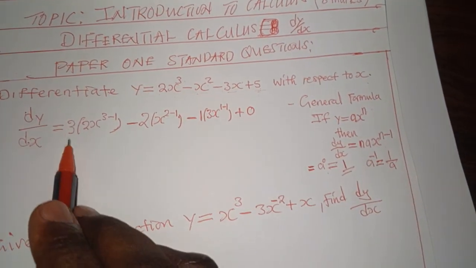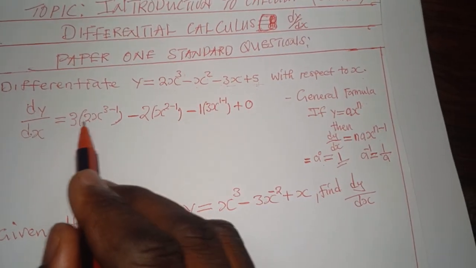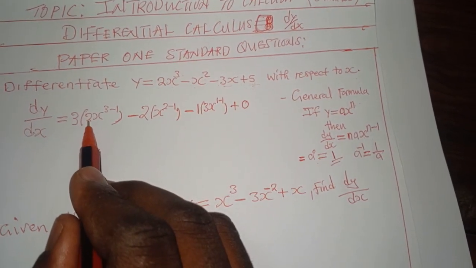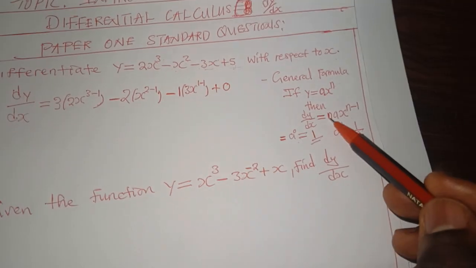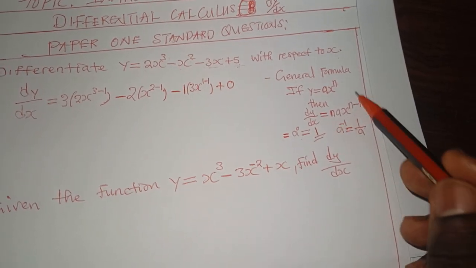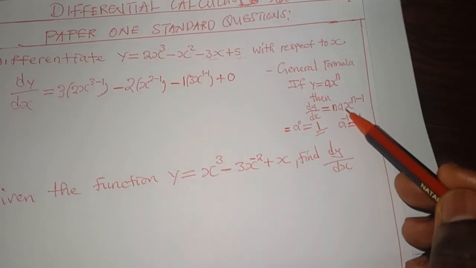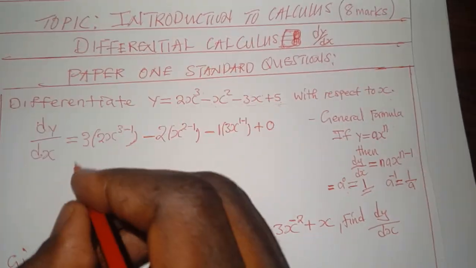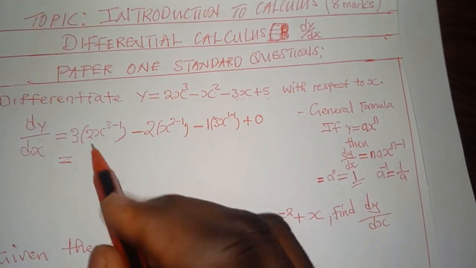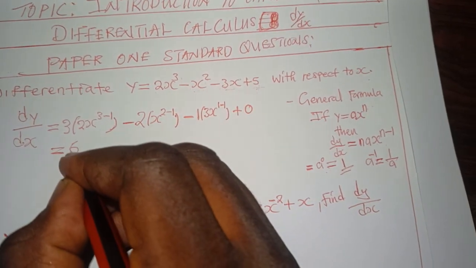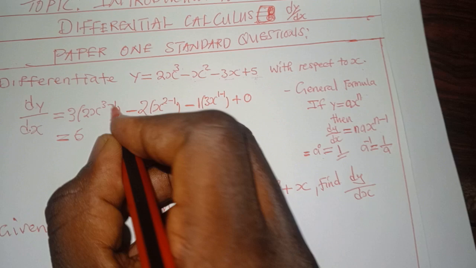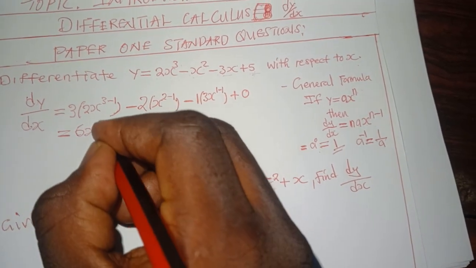Then when we come here, you discover that this 3 has to multiply with the coefficient of x. Here, what we did, a times n, the power is n times a, which is the coefficient, which you now will have this one, 3 times 2, that is 6. 3 minus 1 on top, you remain with x to the power 2.